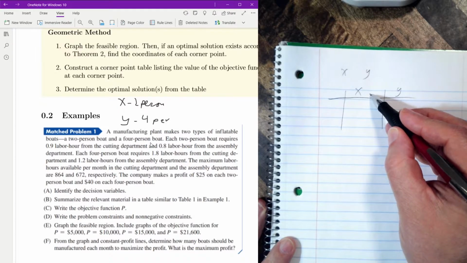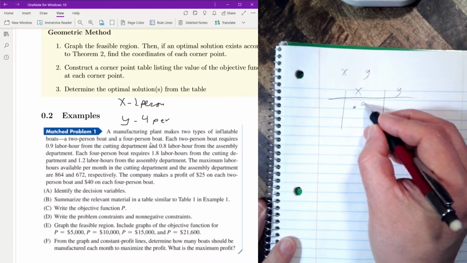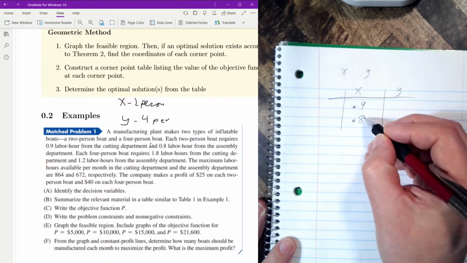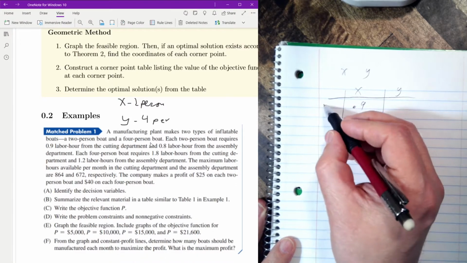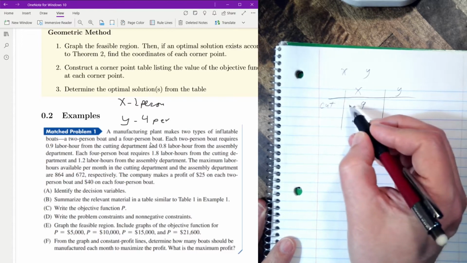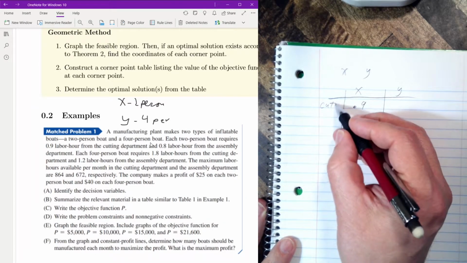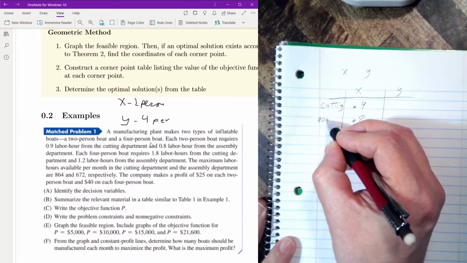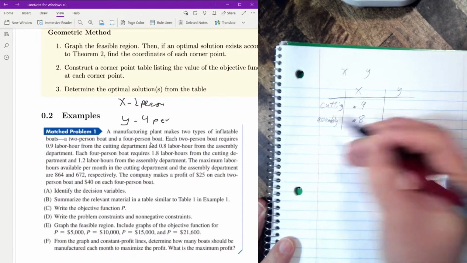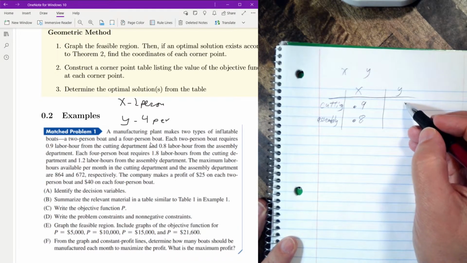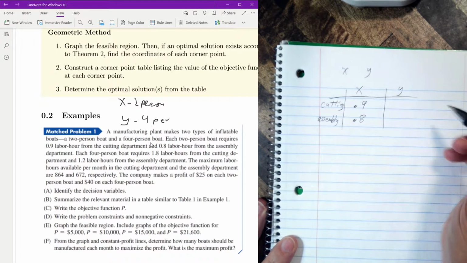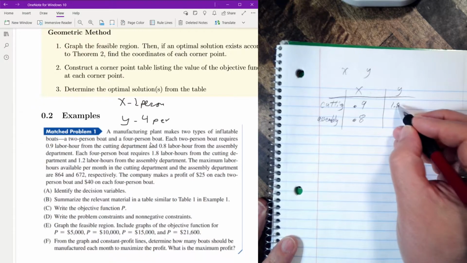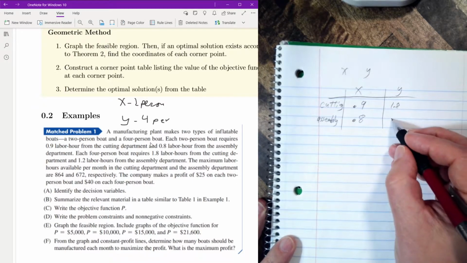This is a two-person boat, 0.9 and 0.8, so 0.9 and 0.8, and this is cutting, and assembly. Okay. Now for the four-person boat, what do we have? We have 1.8 and 1.2.